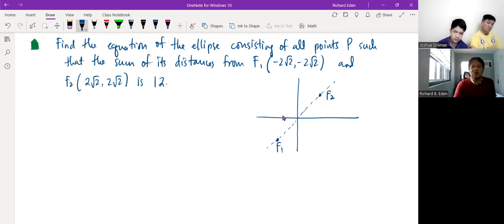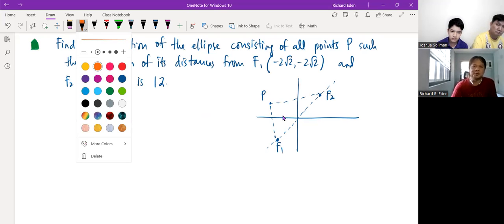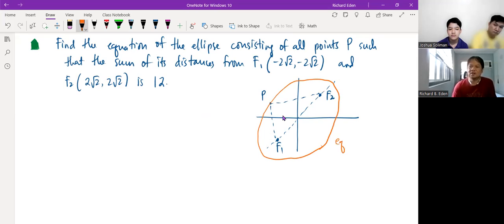We're looking for all the points such that the sum of the distances of P from F1 and F2 is equal to 12. So all the points P satisfying that condition would form an ellipse. So what's the equation of this ellipse?